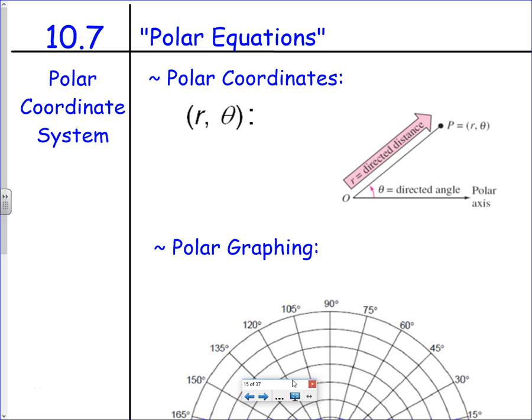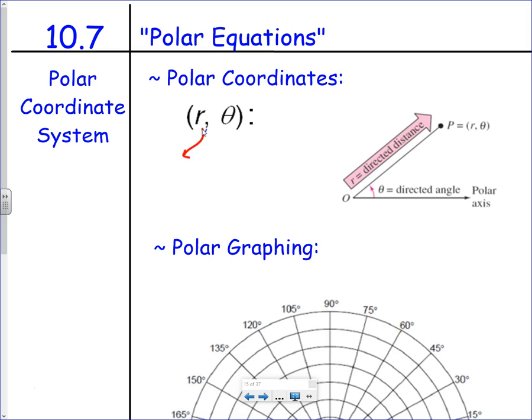Do you see how the ordered pair is a little different than normal? Every ordered pair that we've seen this year has had an X and a Y, even in parametric. Now we have an R and a theta. Looking at this polar graph down below, what do you think R is going to stand for? Radius. Good.